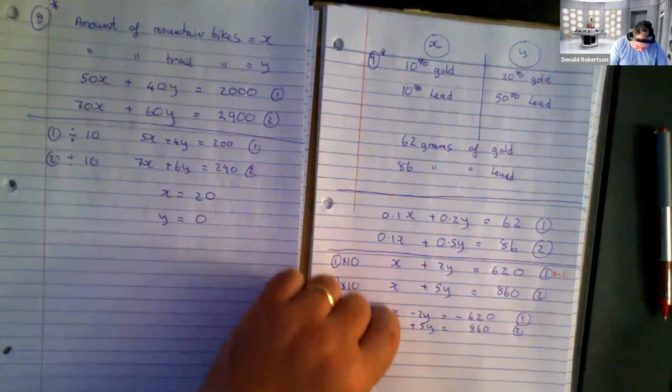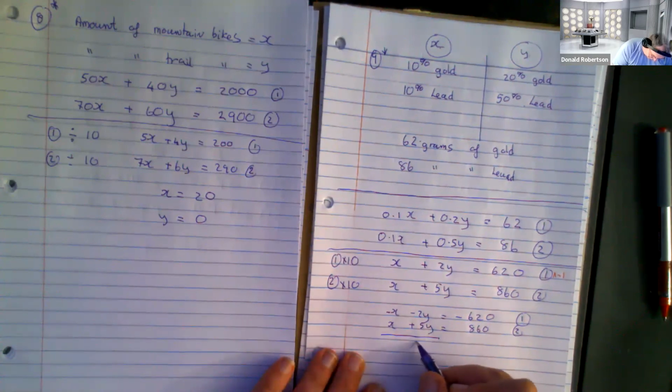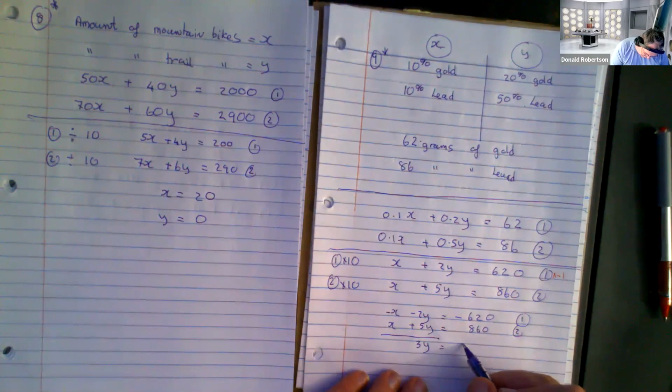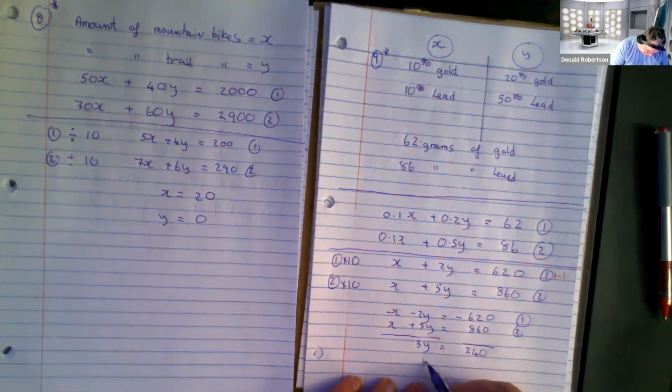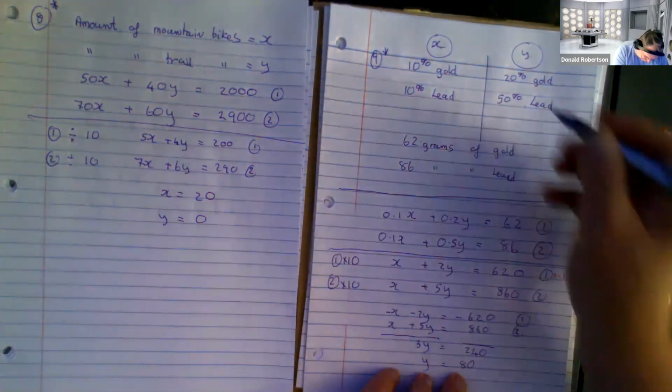And now I have a plus and a minus X. Addition method likes that. Add them, they cancel out. Add these, you get 3Y. Add these, you get, I believe, 240. Divide both sides by 3, you get 80. So I already know that I should be using 80 of this stuff.